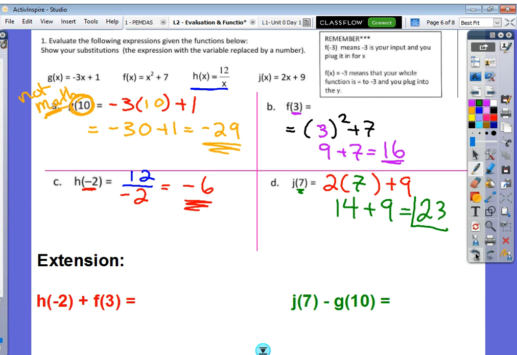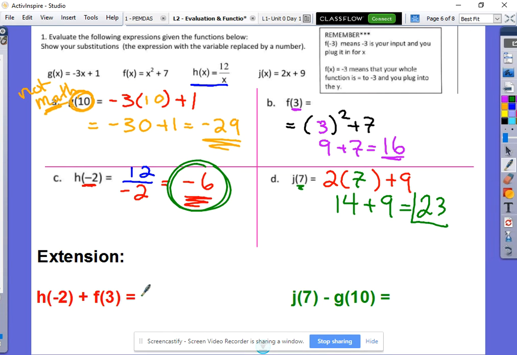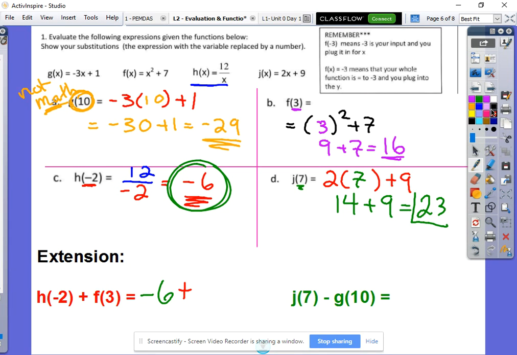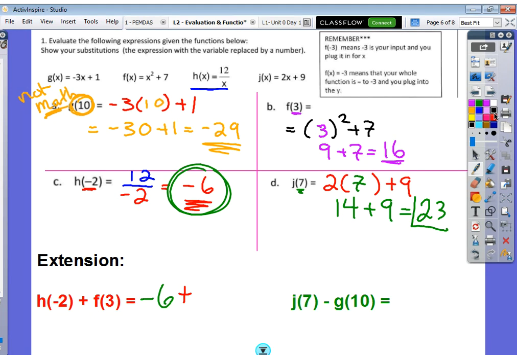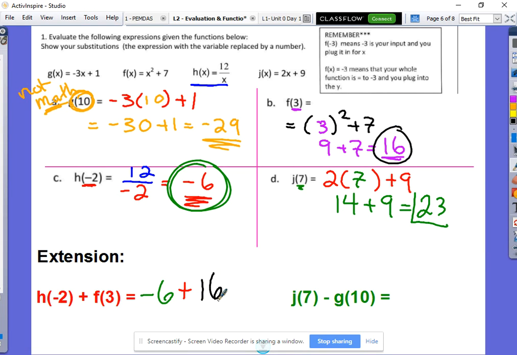So h of -2, we found that one right here. h of -2 was -6. And we're adding that with f of 3, and f of 3 was 16. So -6 plus 16 equals 10. So our answer there is actually 10.